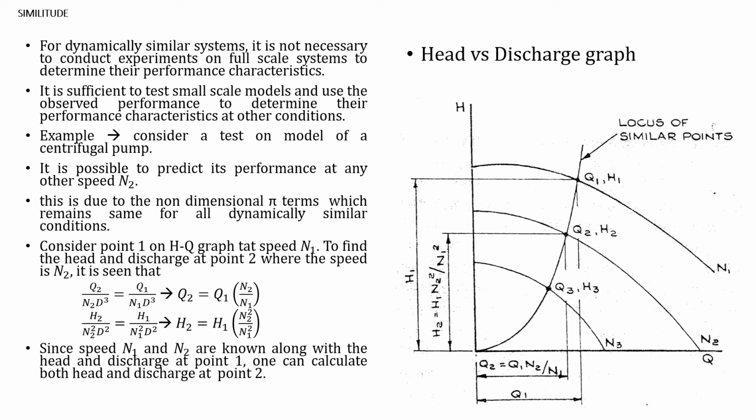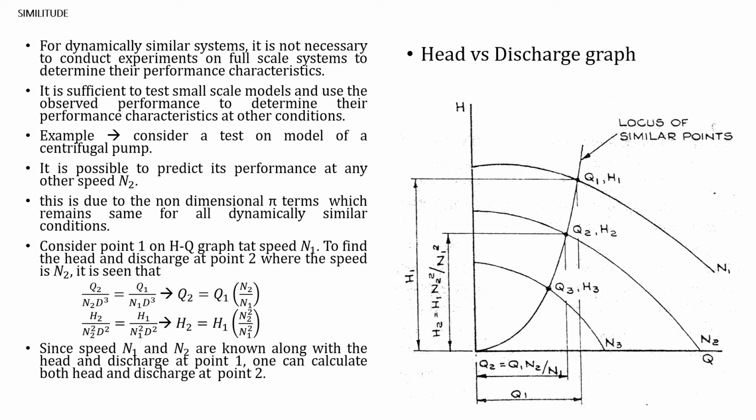For dynamically similar systems, it is not necessary to conduct experiments on a full scale system to determine their performance characteristics. Instead of that, we can make a small scale model of that and conduct the experiment on the model.